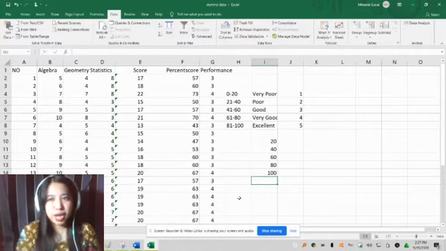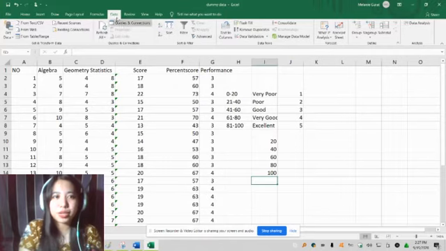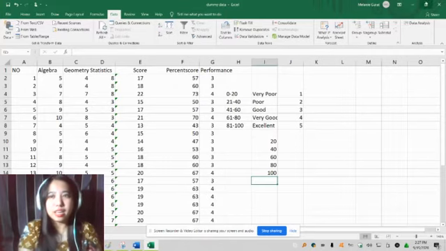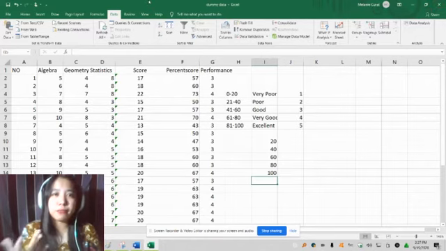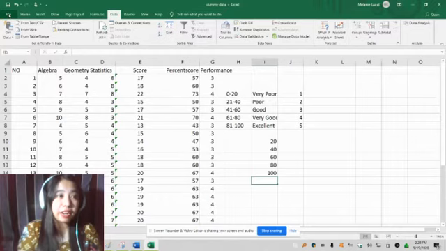Next, you have to check if you have these options in your data, the Data Analysis. This is the Data Analysis. If you do not have this, you have first to add that in your Microsoft Excel.